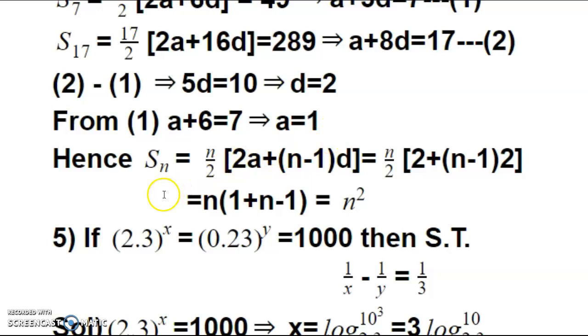Hence, Sn is equal to n by 2 into 2a plus n minus 1 into d. The value of a is 1 and the value of d is 2. So n by 2 into 2 plus n minus 1 into 2. By cancellation of 2, we will get n into 1 plus n minus 1, that is equal to n square.